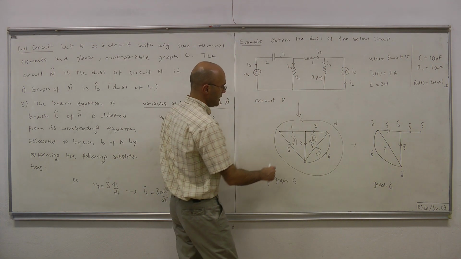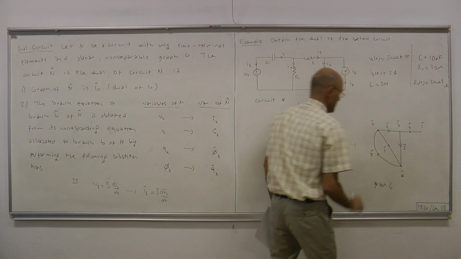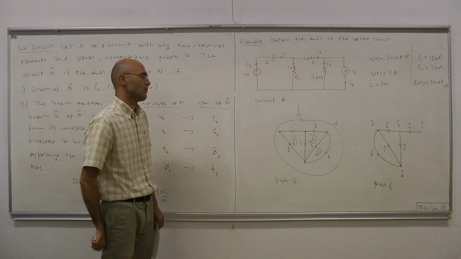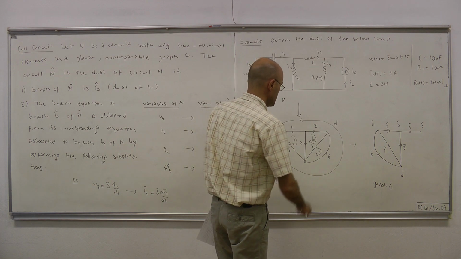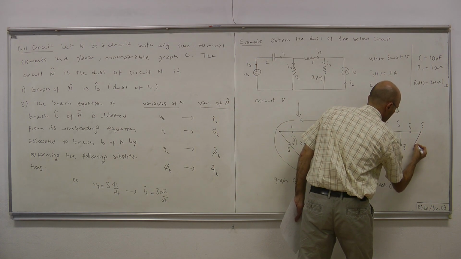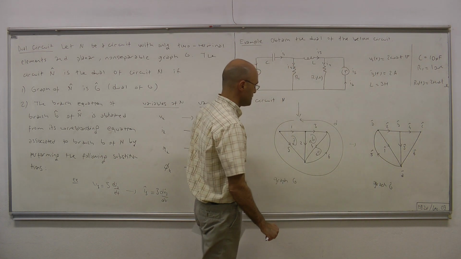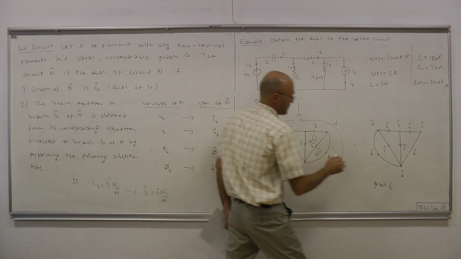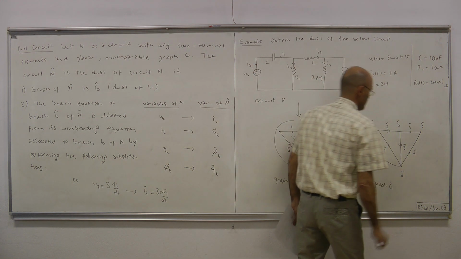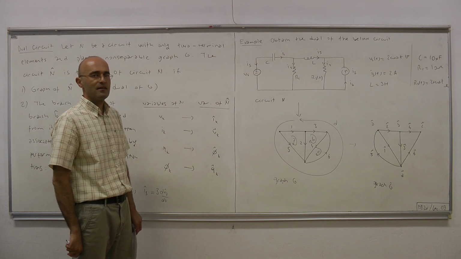Its direction is same with D, therefore it leaves D. And finally, 6 is between C and D. This is the 6th branch. 6 hat, its direction is the same with D, therefore it leaves D. Okay, so it's quite simple. That's our graph G hat.